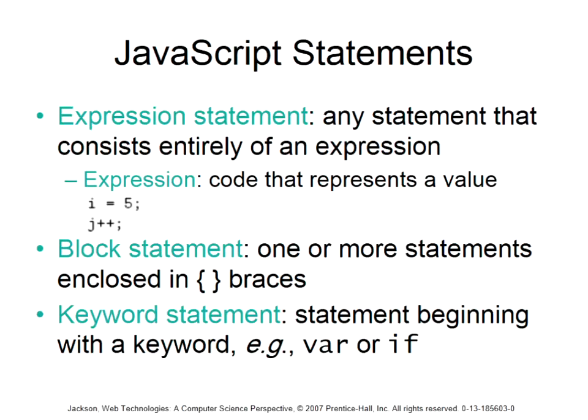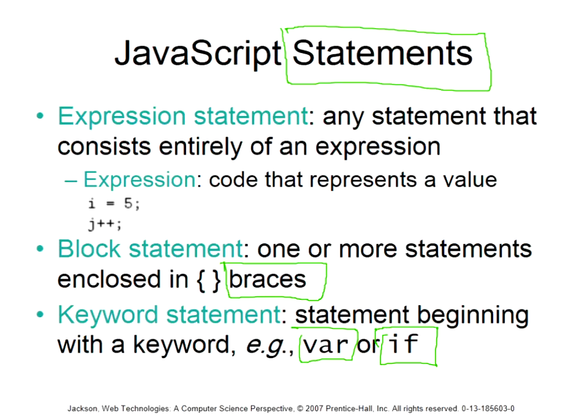In this case, I will use braces to indicate the beginning and the end of these statements. And keyword statement, a statement beginning with a keyword, var or if, etc. In this case, we talk about keyword statement. So keep in mind that for JavaScript statements, there are three types: expression statement, block statement, and keyword statement. Any questions?